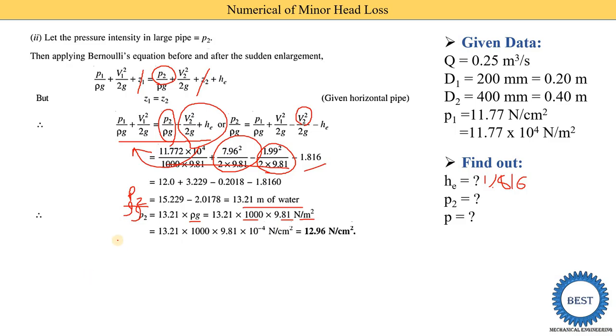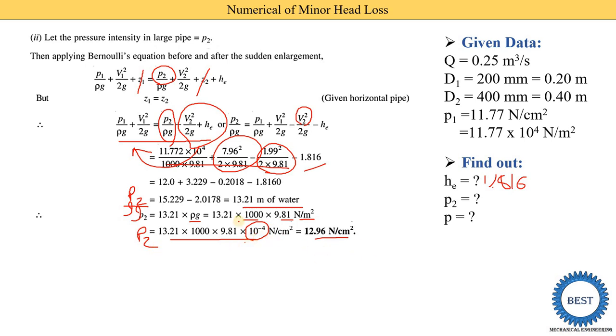So we get this answer of P2. Here we again multiply with 10 raised to minus 4, then we get the answer in Newton per centimeter square. We multiply all these values in a calculator, then we get the answer: P2 is equal to 12.96 Newton per centimeter square.